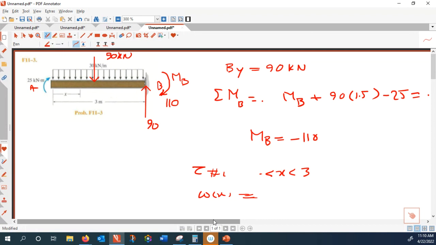It's negative because it's pushing down. Can you give me an example where we have positive distributed load? Lift force under the wing of an airplane. They are pushing from down, upward. So those are examples of the positive distribution.